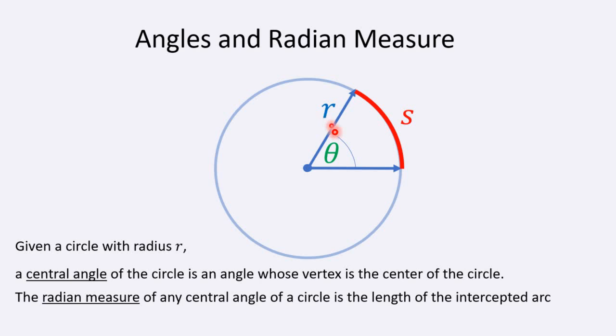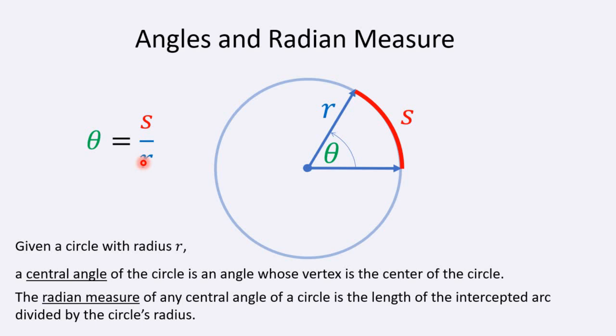There's a relationship between the radius of the circle r, the intercepted arc length s, and the rotation theta. And the relationship is that theta in radians is equal to the arc length divided by the radius.